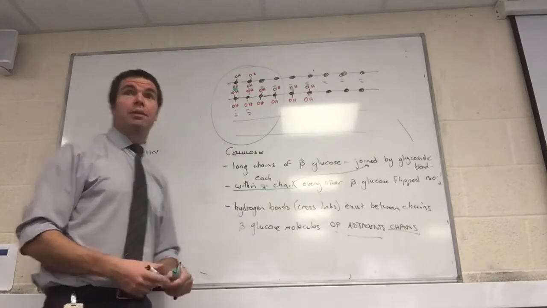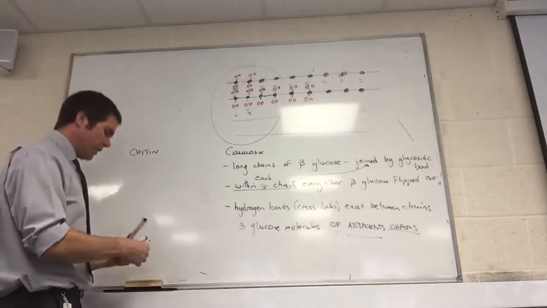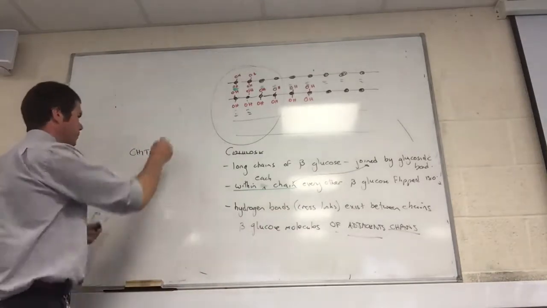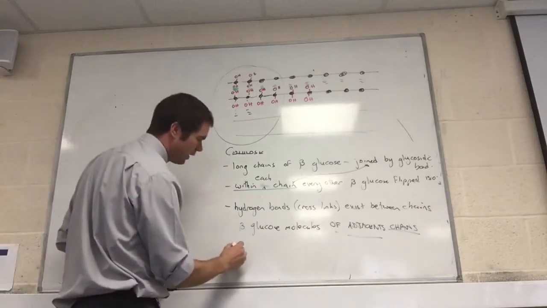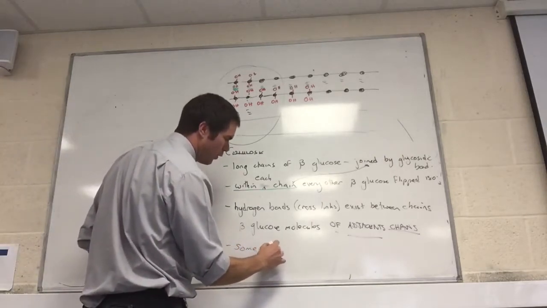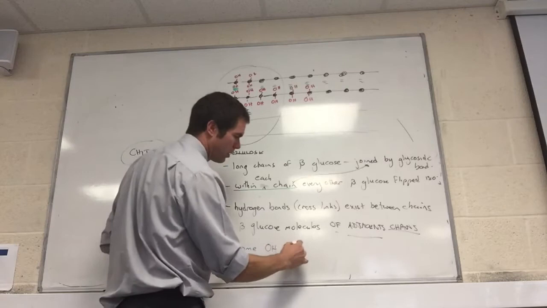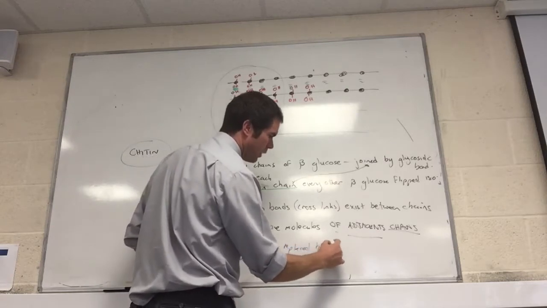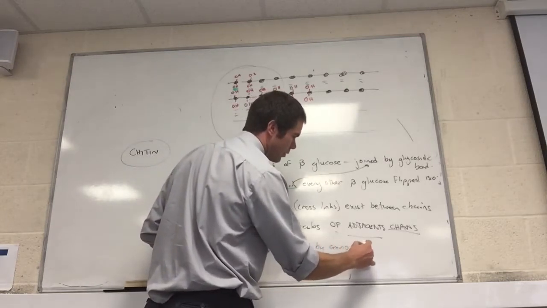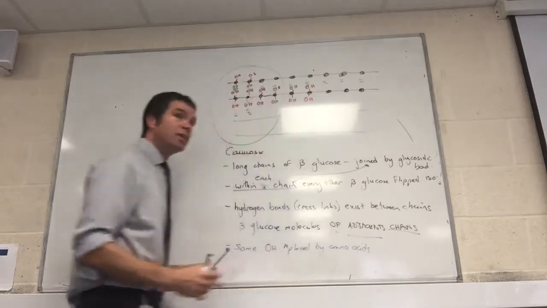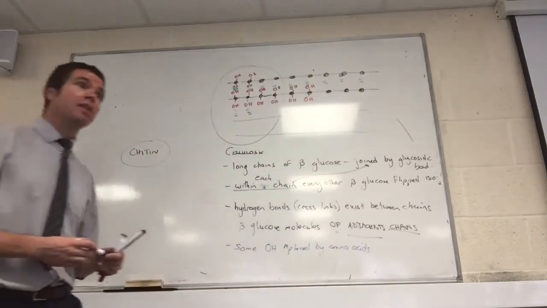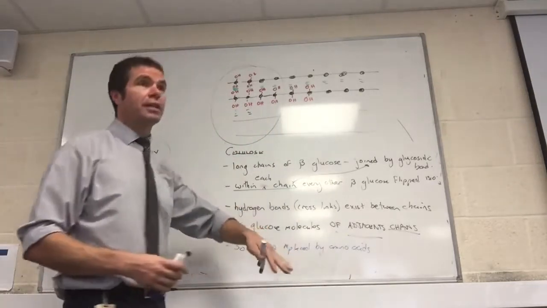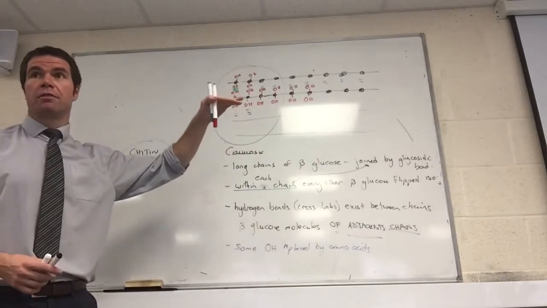All that works, except the one add-on for chitin. Within chitin, some of the OH groups are replaced by amino acids. But we still get hydrogen bonds between amino acids of one chain and the next.